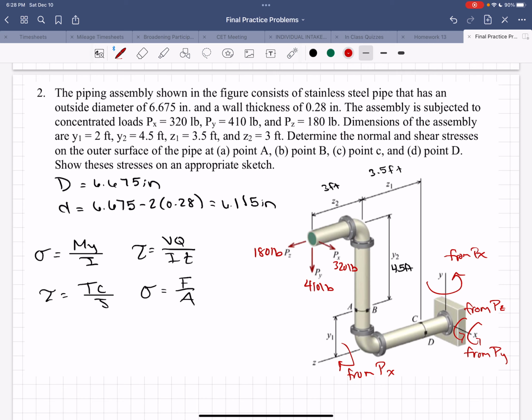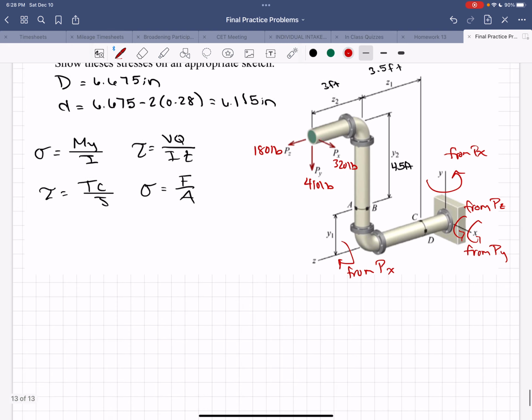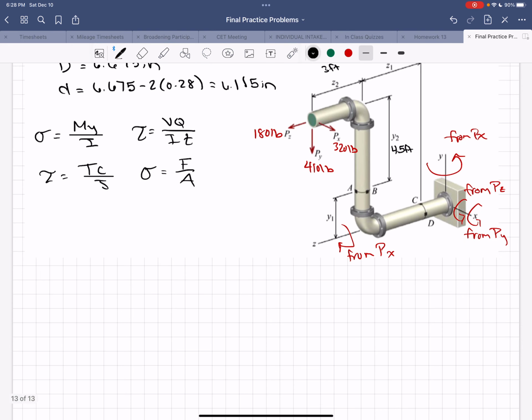So we can start by calculating all the section properties we're going to need again. I equals pi over 64 times outer diameter to the 4th minus inner diameter to the 4th. I'm not going to write all those out, but we get 28.8 inches to the 4th.